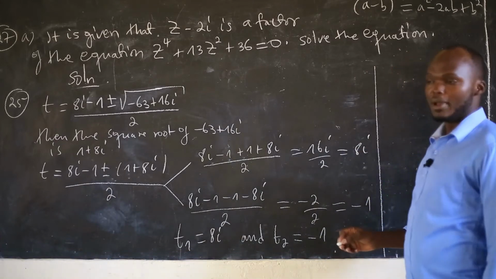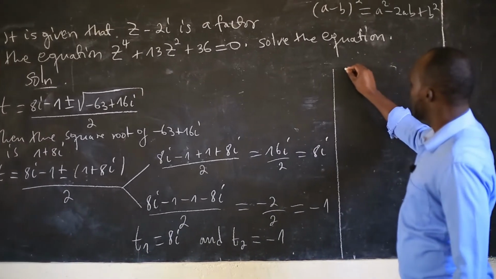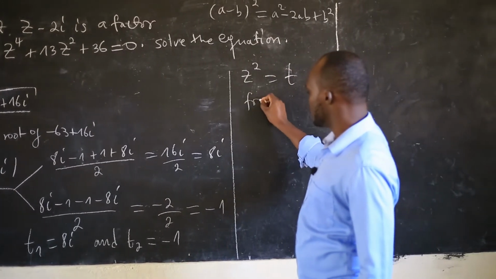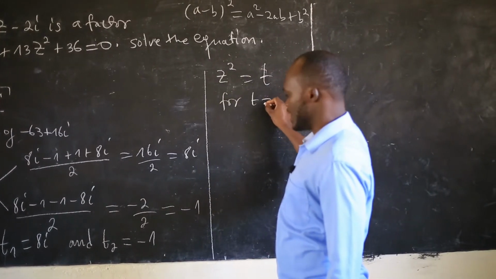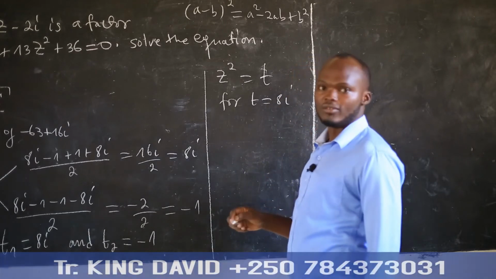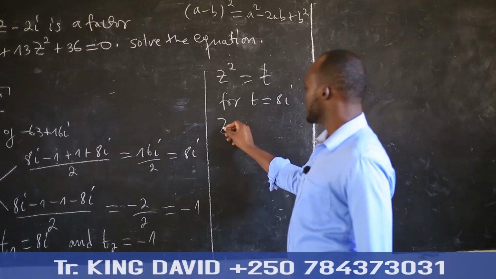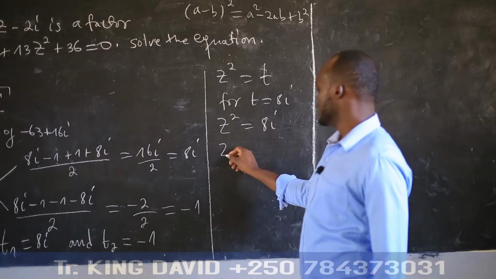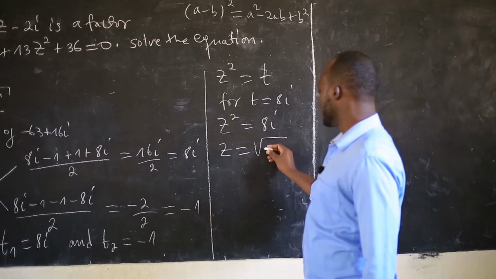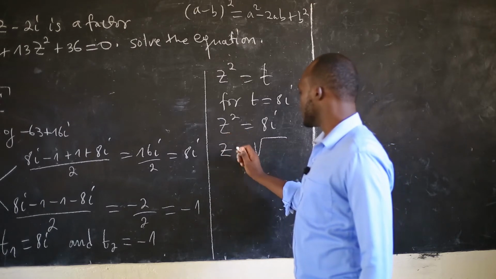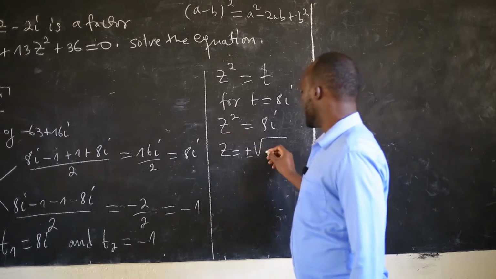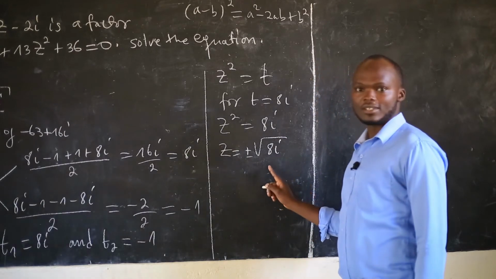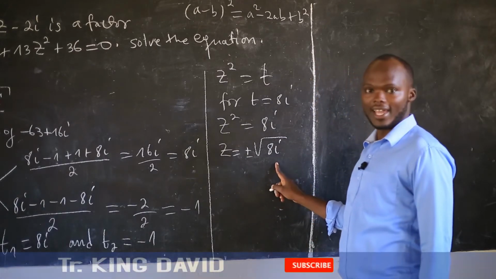Then from there, remember we have said that z squared equal to t. I'm going to say for t equal to 8i, what will be the value of z squared? So z squared will be equal to 8i. So which means that z will be equal to square root of what? Our z will be plus or minus square root of 8i. So it means that we're going also to find the square root of what? 8i.